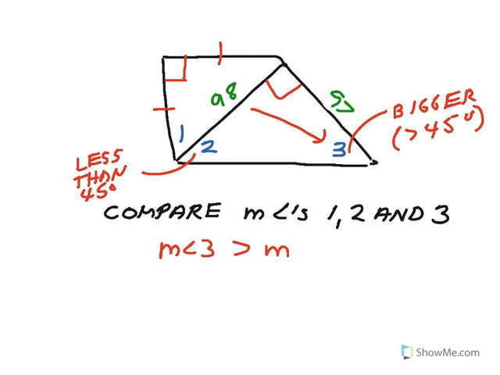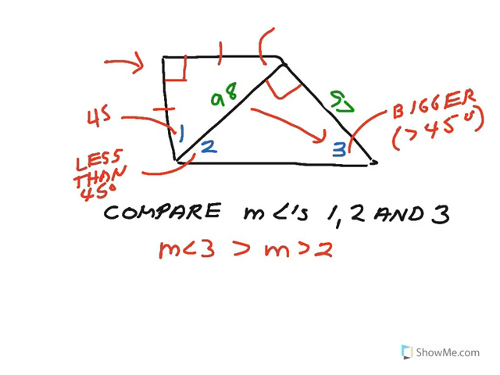So now let's compare angle 3 or angle 2 to angle 1. So I notice that in addition to being a right angle, the triangle with angle 1 in it up here at the top is isosceles. And so I automatically know now that the base angles here of this isosceles triangle are both exactly 45 degrees.